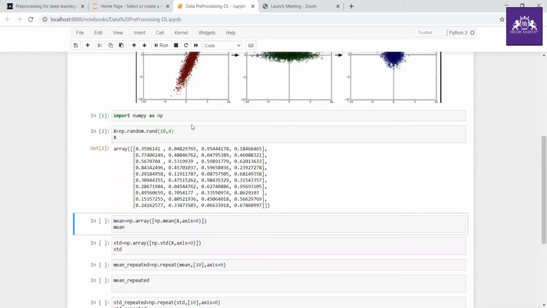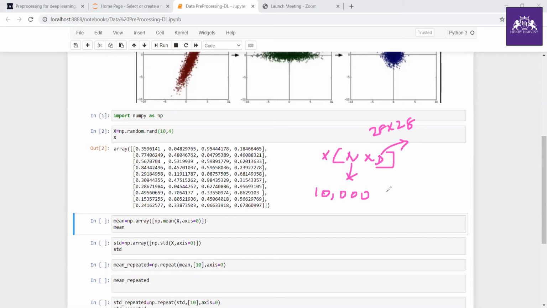Let me give some introduction on why we are doing this. Assume we have n into d here. When we handled the MNIST data set, there were, say, 10,000 images, and this tells us about the dimension. The dimension was 28 into 28, that is 784 pixels.